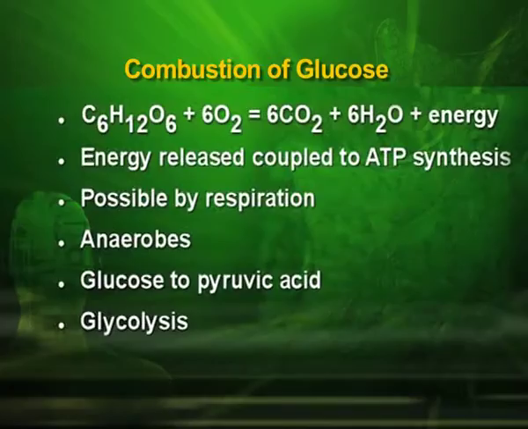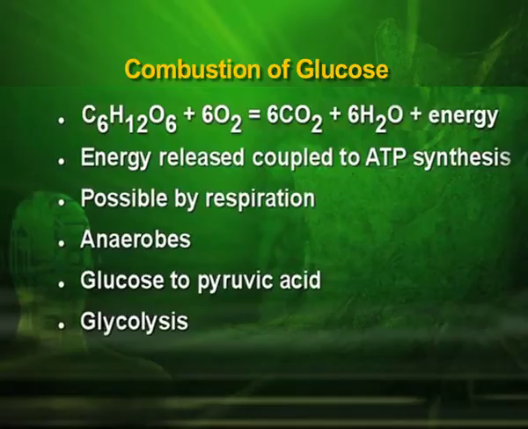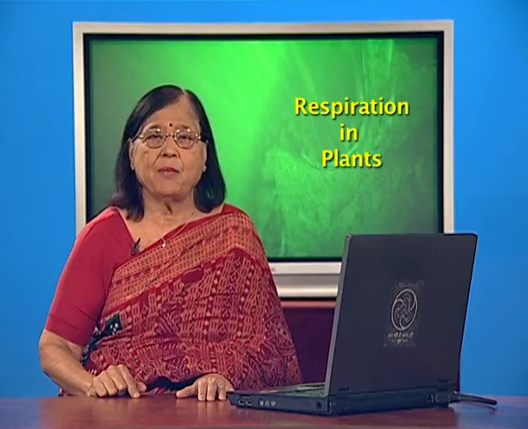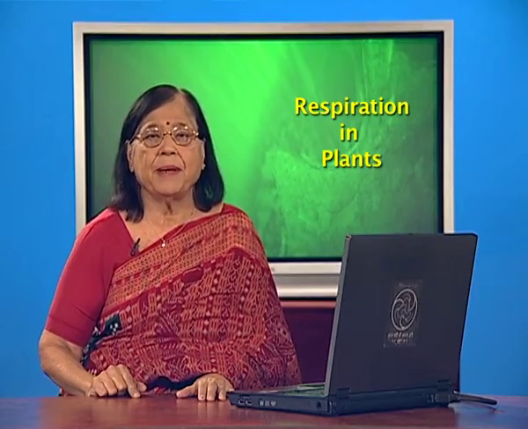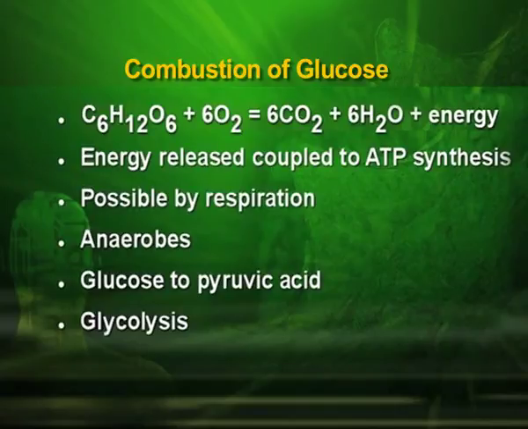Coming to the combustion of glucose, the main reaction which is taking place in the process of respiration is breaking down of carbohydrates. You can see the equation: C6H12O6, that is carbohydrate. It will burn in the presence of 6 O2, giving rise to 6 CO2 plus 6 H2O plus energy.